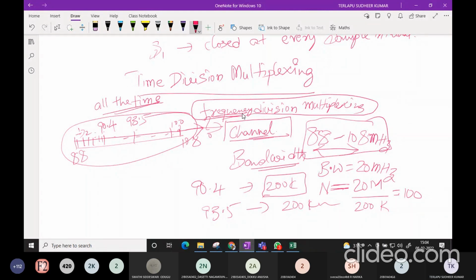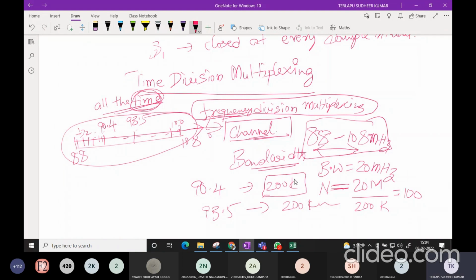Bandwidth is more, sir. Bandwidth is not more, bandwidth is less. I'll tell. See, the advantage here is all the time we can transmit all the signals. That is the biggest advantage of frequency division multiplexing.